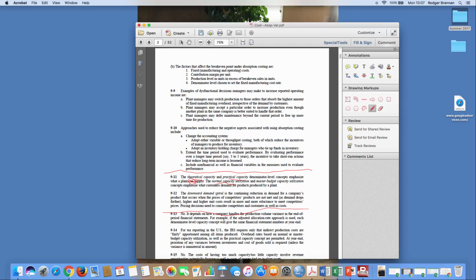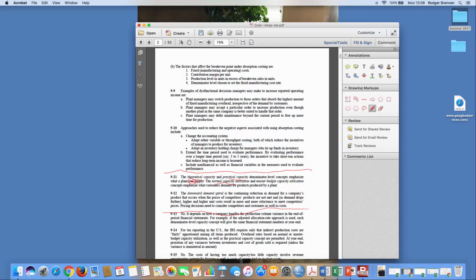And so this is looking at more demand and/or what I should be doing, not necessarily what I can do. So that's the distinction between theoretical and practical: look at the machines themselves and what they're capable of doing, not necessarily tying it into what the market is demanding. Normal capacity, okay, on the average, what I think demand is going to be over the next 3 to 5 years. Master budget, what's it going to be next year? Very much in line with what we did when you prepared the master budget.